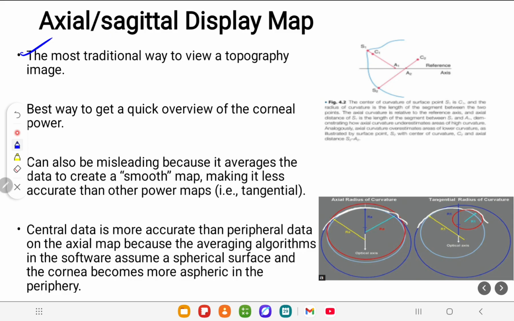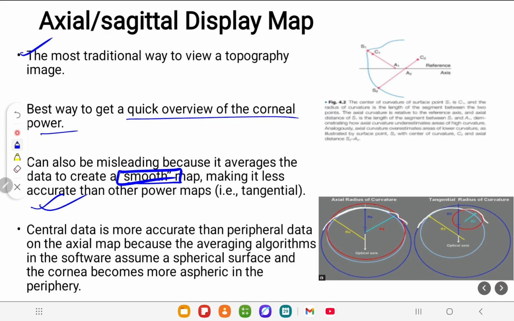This is the most traditional way to view a topographic image, the best way to get a quick overview of corneal power. But it can also be misleading, because it averages data to create a smooth map, making it less accurate than the power map. It's a very important line. It makes the map smoother.